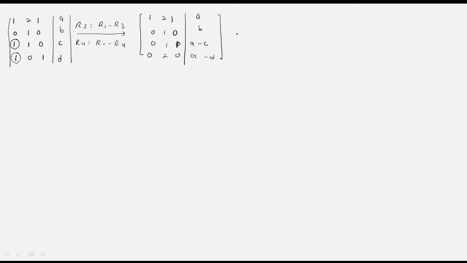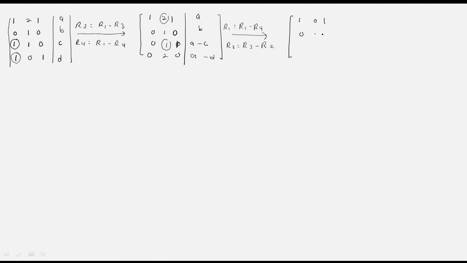Okay, continue. This time, we want to change this entry, so we want to change R3, row 3, R3 minus R2. Okay, R1: 1, 0, 1.